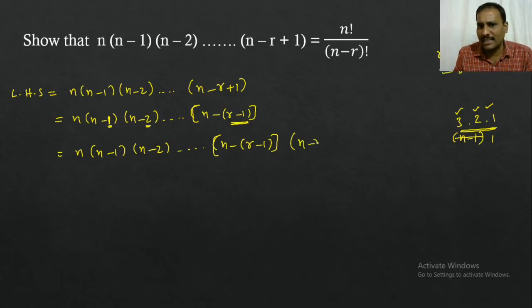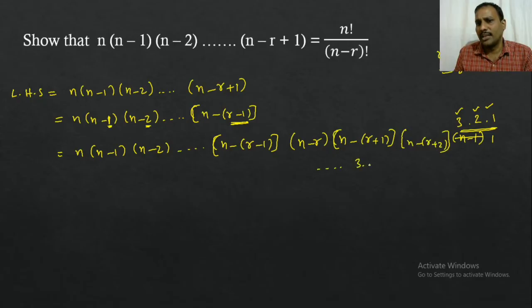So n minus r. Next one will be n minus r plus 1. Next will be n minus r plus 2. So on up to 3 into 2 into 1. So now the factorial notation is completed.